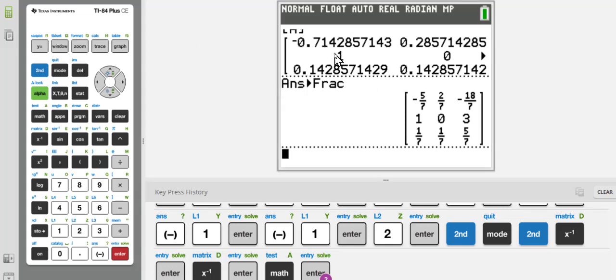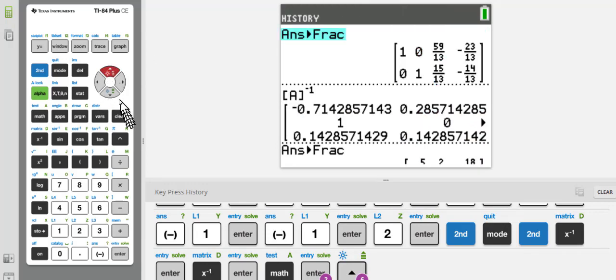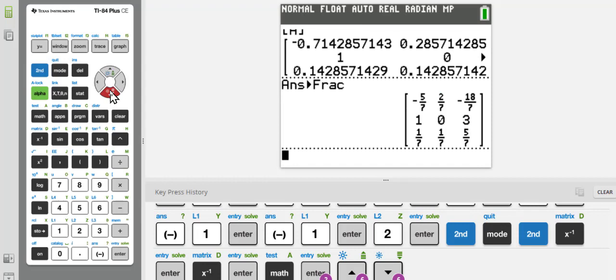We would just, up here, where we put that A inverse, hit the multiplication button, times, go into the matrix menu and get B, if that's where we stored that other matrix. So you can kind of play around with that a little bit.